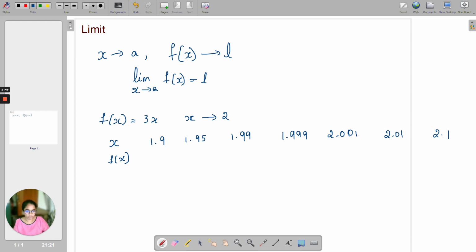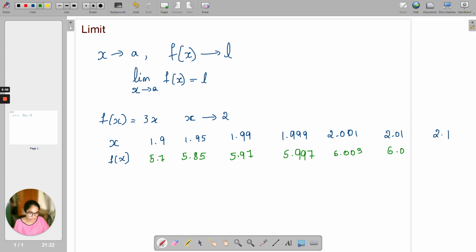So let me multiply now. In the place of x, let me substitute 1.9, 1.95. So 1.9 into 3 is 5.7, 1.95 into 3 is 5.85, 1.99 into 3 is 5.97, 1.999 is 5.997, 3 into 2.001 is 6.003.